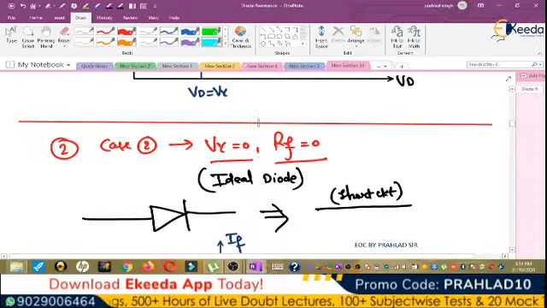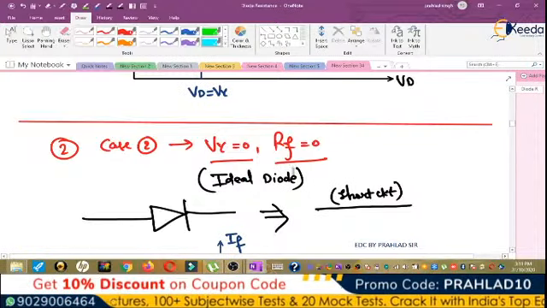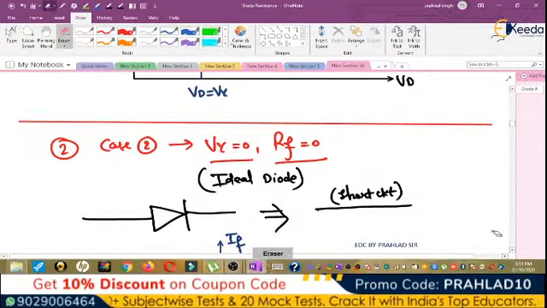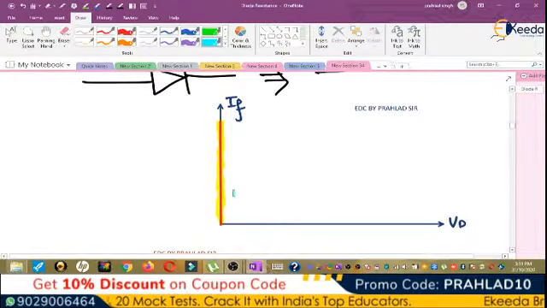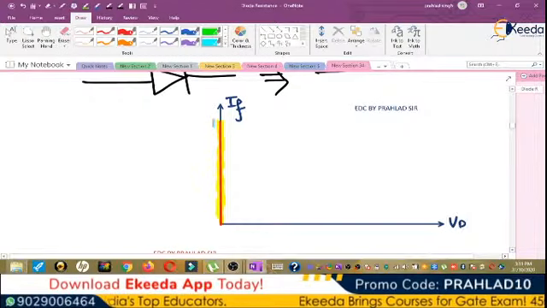Case number 2 is V gamma is 0 and RF is also 0. This is called an ideal diode. In the ideal diode, this becomes a short circuit. This is the line for the characteristic, Vd is equal to 0, so it behaves as a short circuit.